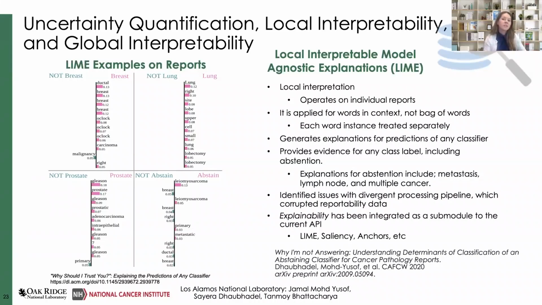All reports of another type did not, because of the way the reports were processed. So doing uncertainty quantification and interpretation allowed us to identify the issue, correct the issue, and then retest our model's results to make sure that such issues did not exist and that the models that we were training made sense.